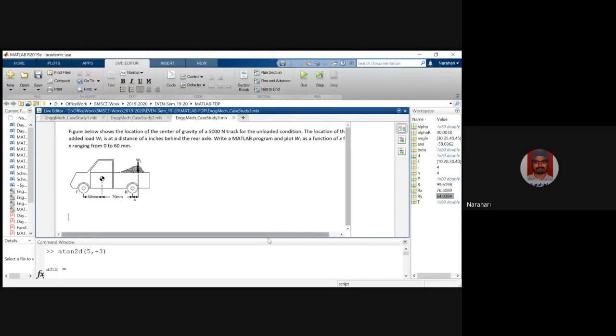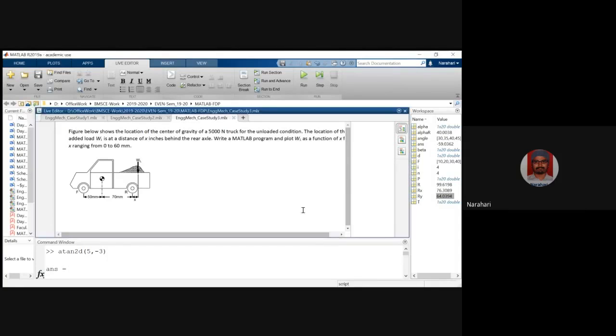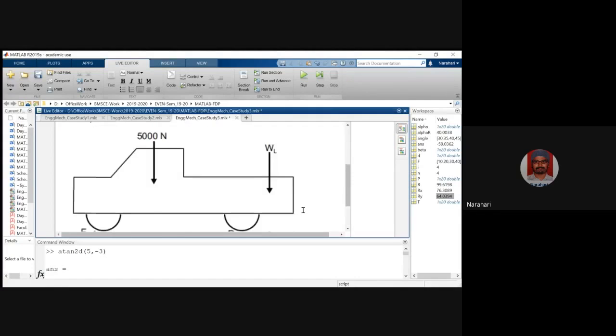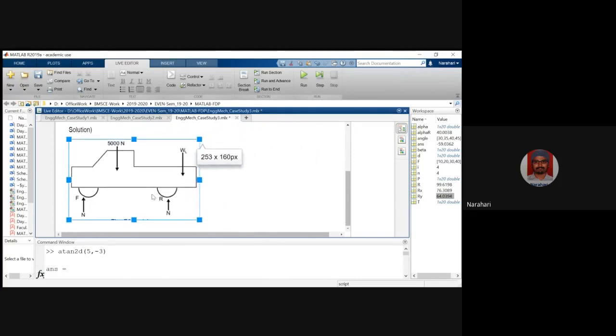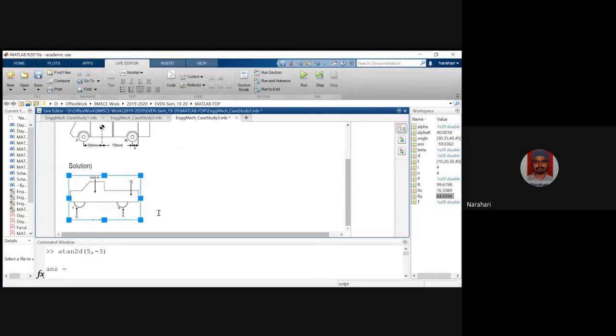If you were to draw the free body diagram for this one, it will be like this. Is it visible? Free body diagram.